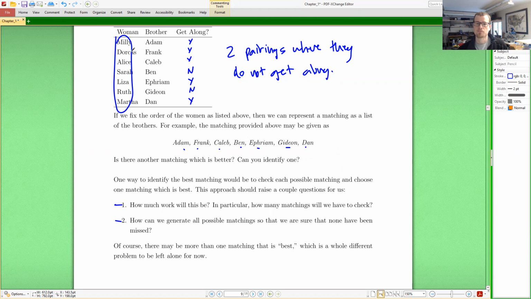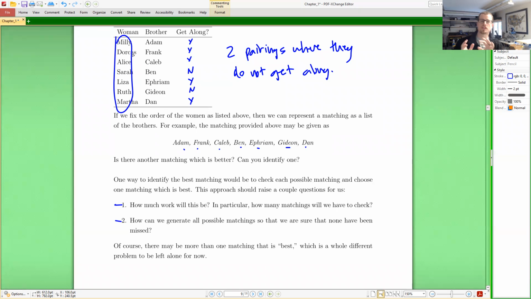So I can identify this particular matching by leaving this column fixed, and just listing the names of the brothers. So this particular matching is given by this list of brothers' names. I can just rearrange the brothers' names, and the first person is always paired with Millie, the second person is always paired with Dorcas, the third brother is always paired with Alice, and so on. So then we only have to have one list of names at any given time.